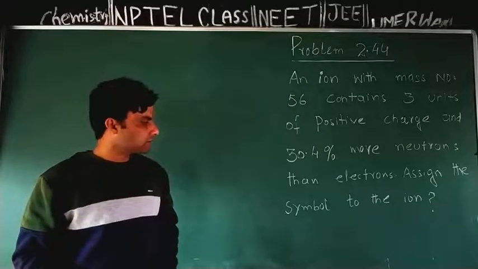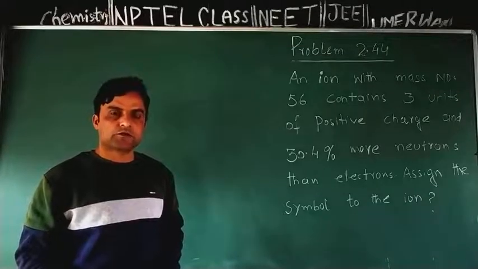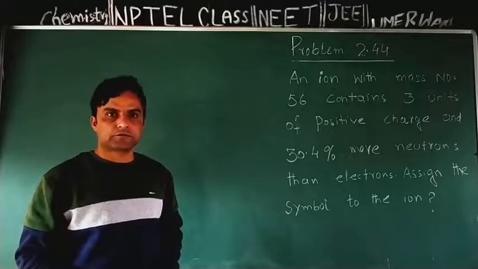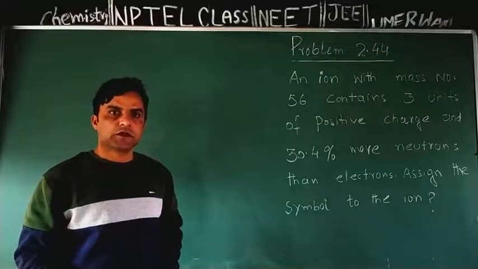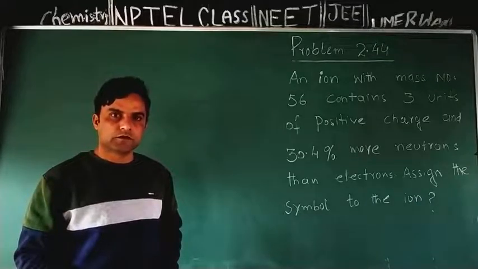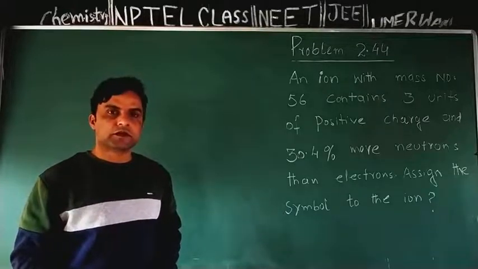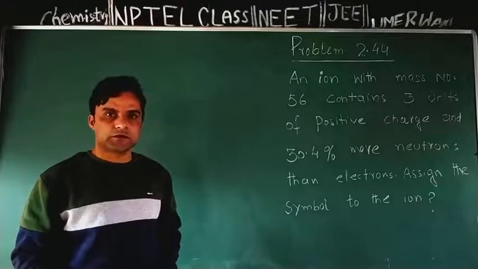Idea is that symbol represents an element, and for an element atomic number Z is fundamental property. On basis of atomic number we can identify an element, and then we can write symbol which will represent that element.